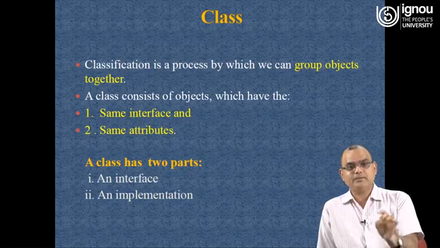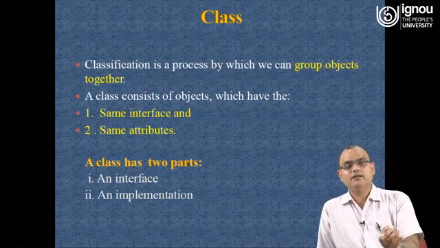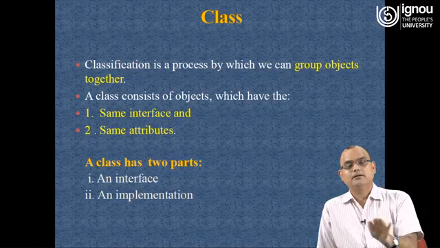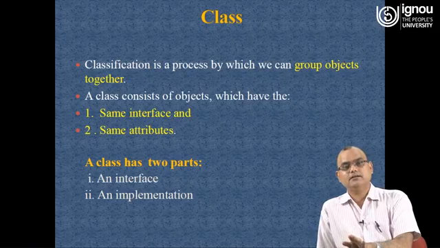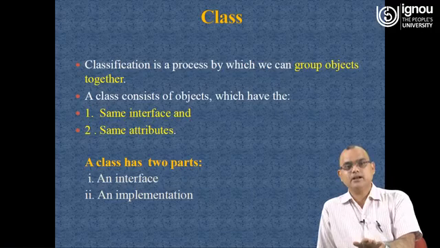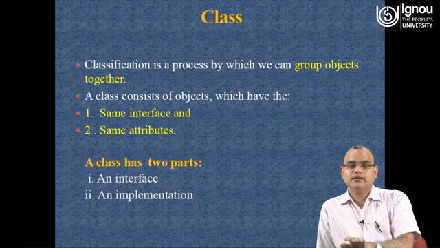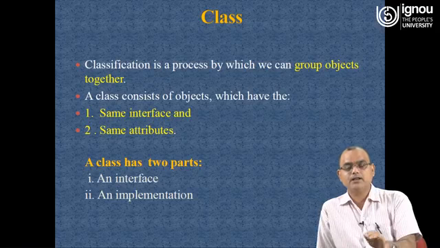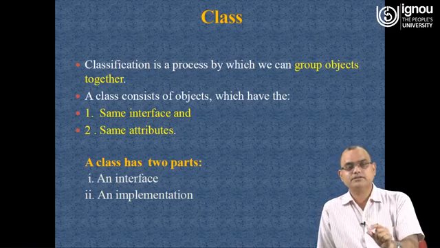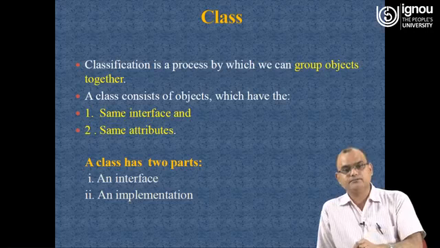So when we implement or write the code, we try to visualize a class in two parts. One is the interface. Interface means the methods which you are defining to provide different kinds of services, and implementation means writing code for those different methods to perform the operation.